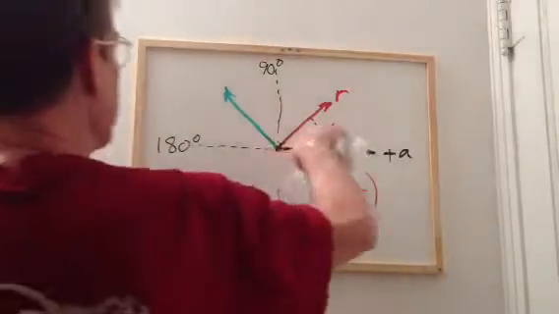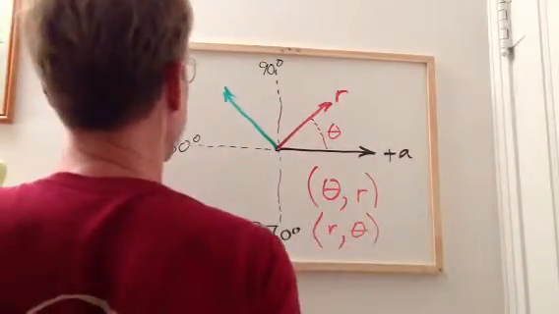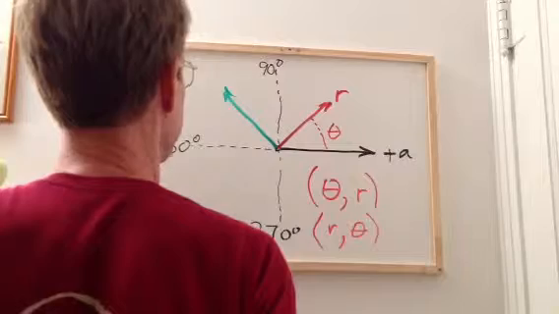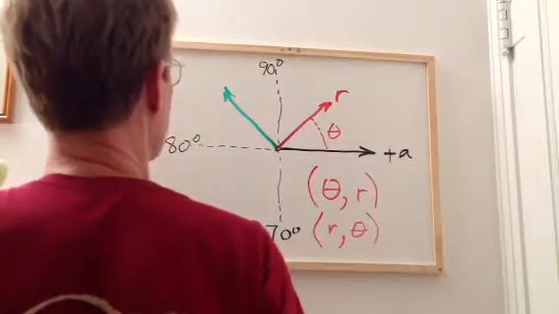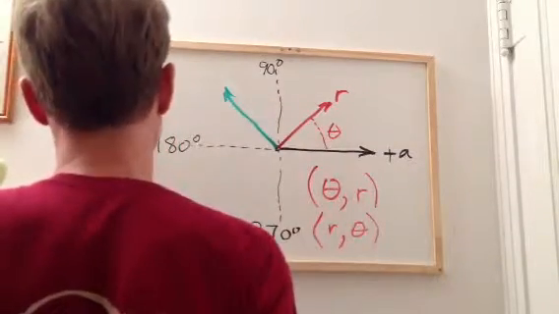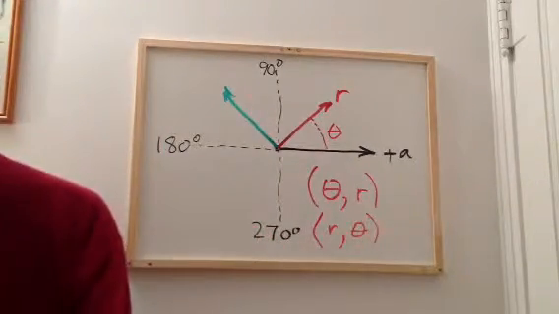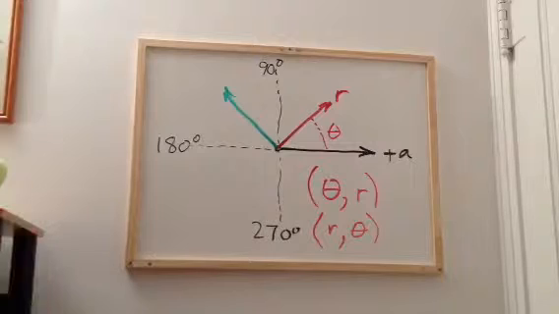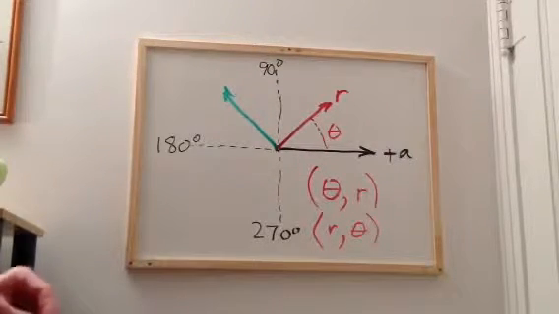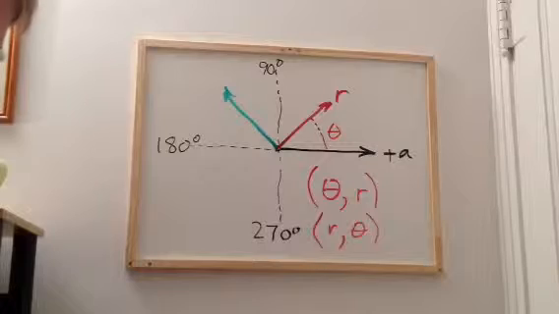If you want to add these vectors in the polar plane, the best way to do it is to convert to the Cartesian forms and then add them, and then convert the Cartesian forms back to the polar forms. That's a little bit tedious, but sometimes that's the only way to go.